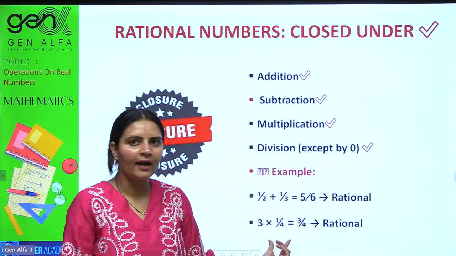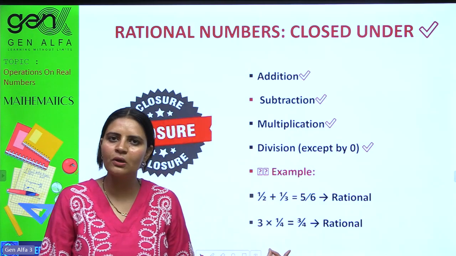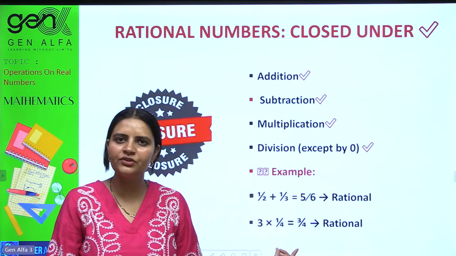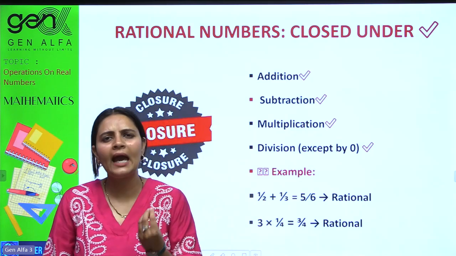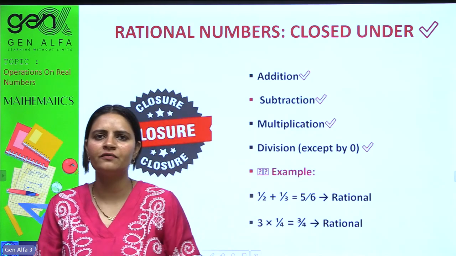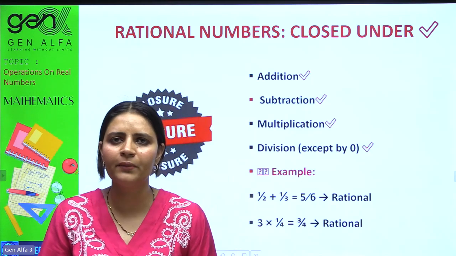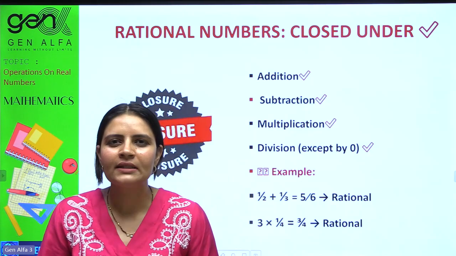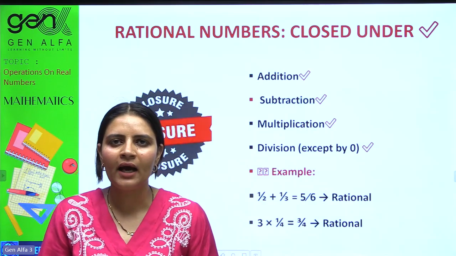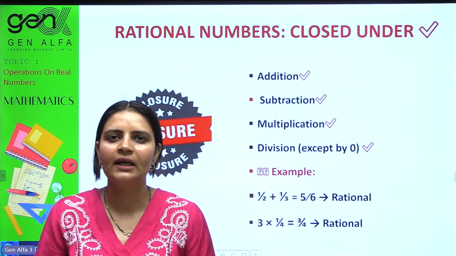You can multiply. As you can see, 3 is also a rational number, 3 by 1. You can take any rational number you are comfortable with, 5 by 4, 8 by 3, whichever you want, and multiply it by another rational number.